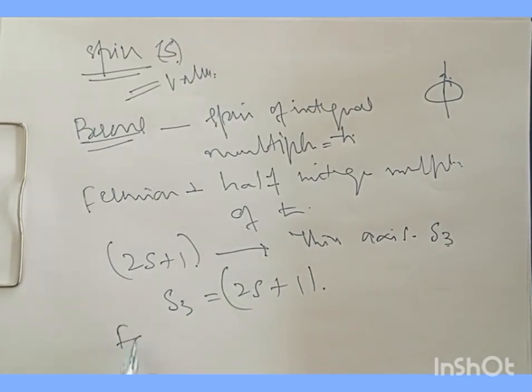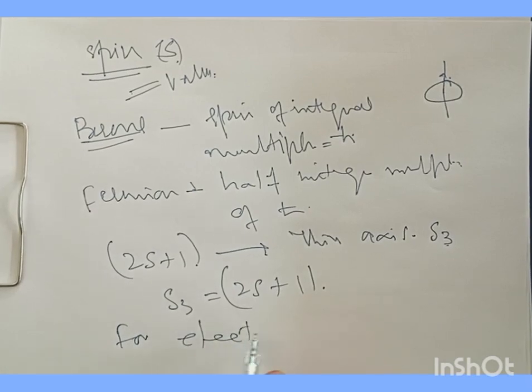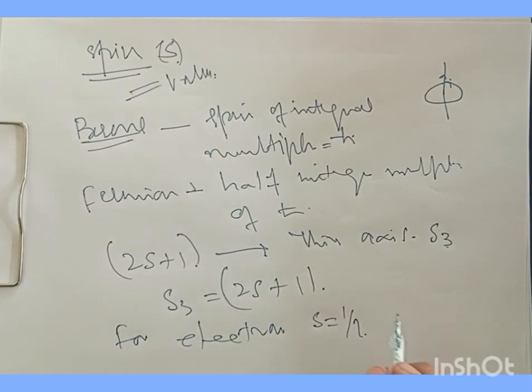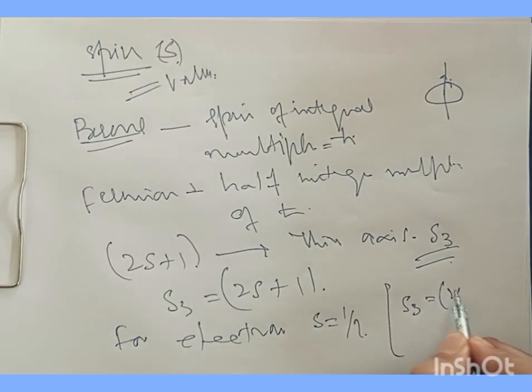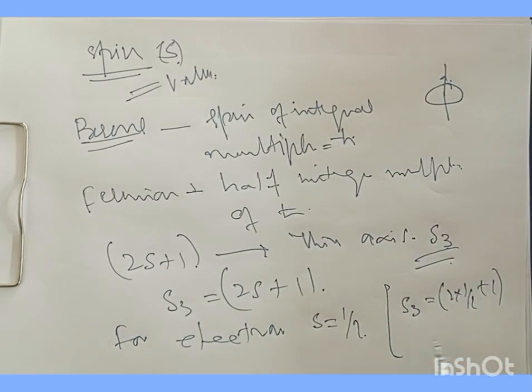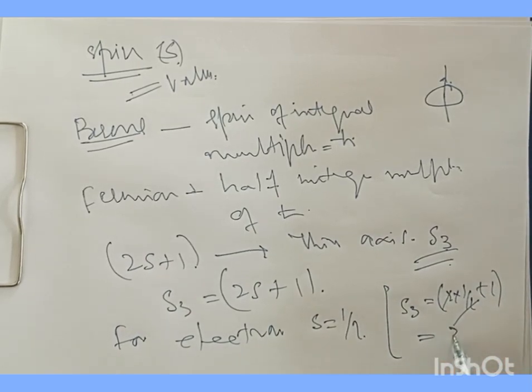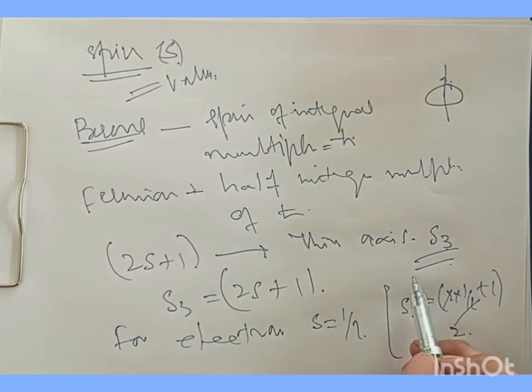Now, if I choose an electron, what is S? S is half. What will S3 be in this case? S3 is 2 times 1 by 2 plus 1. So 2 and 2 will go, 1 plus 1 gives 2. So S3 comes out to be 2. What does it mean?